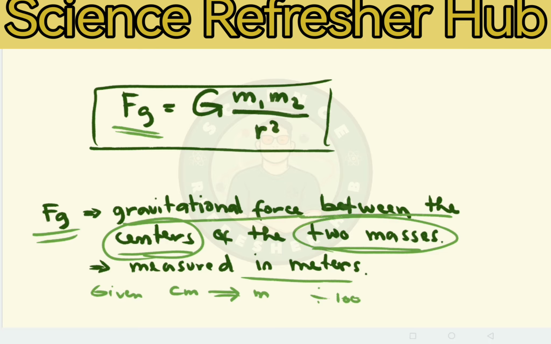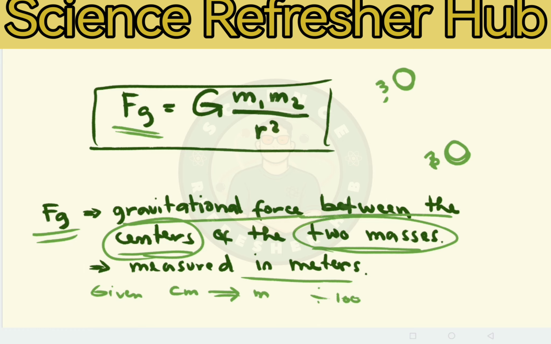So I just want to draw it here. Let's have mass 1 and mass 2. The gravitational force is between the centers of the two masses.